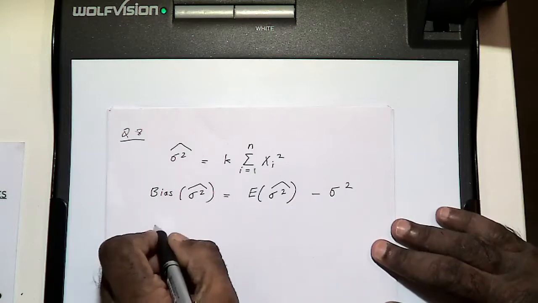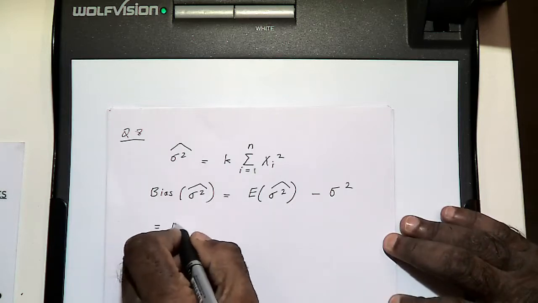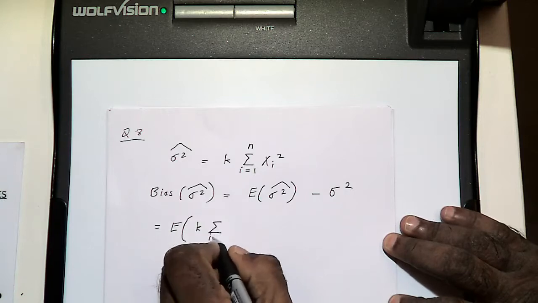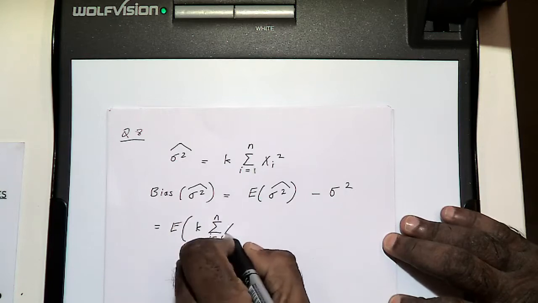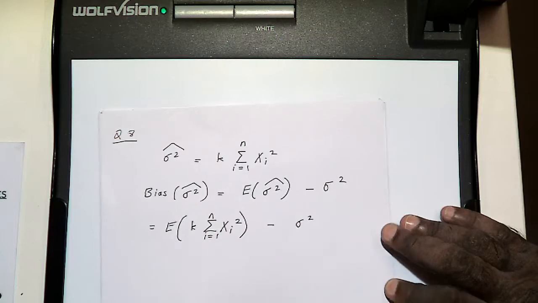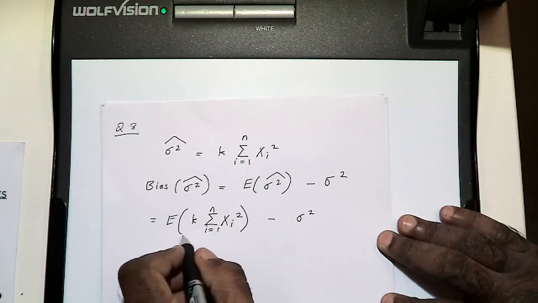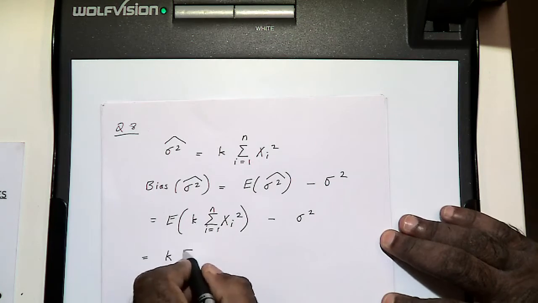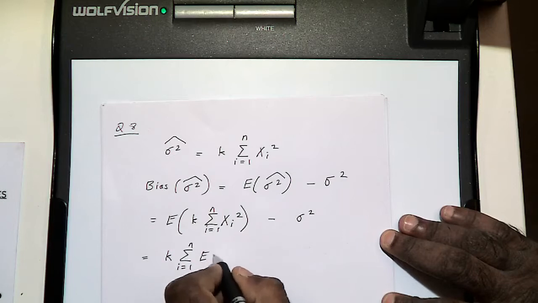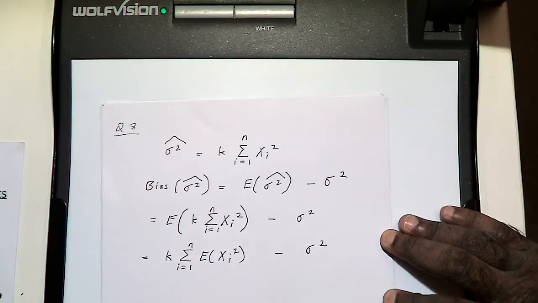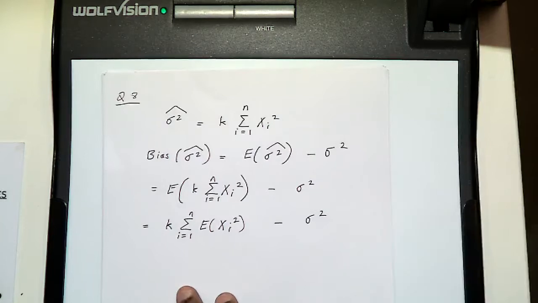So this is going to be this. Now k is a constant, so you can pull the expectation inside. So this would be k times the sum of the expectation of xi squared. Okay, you guys with me?